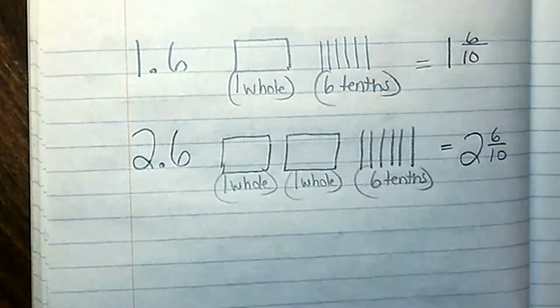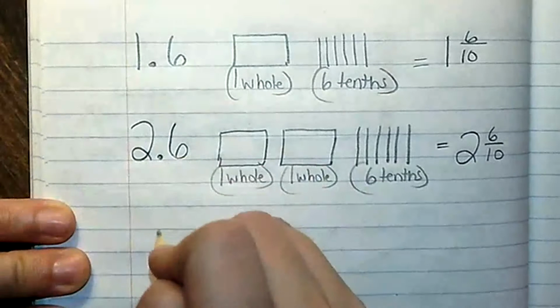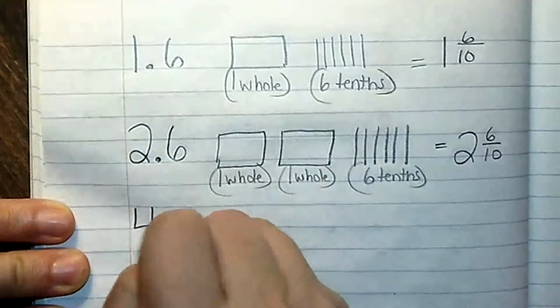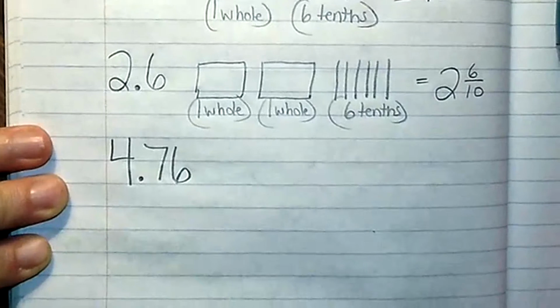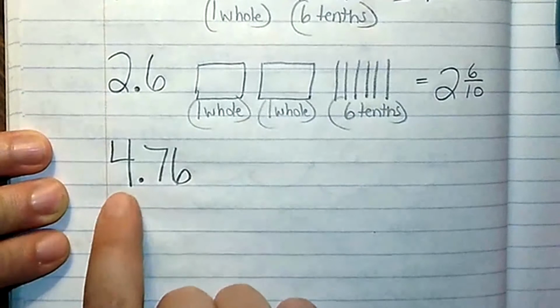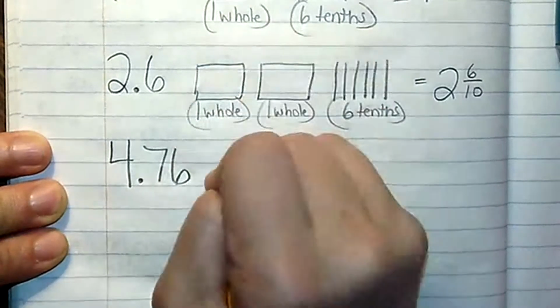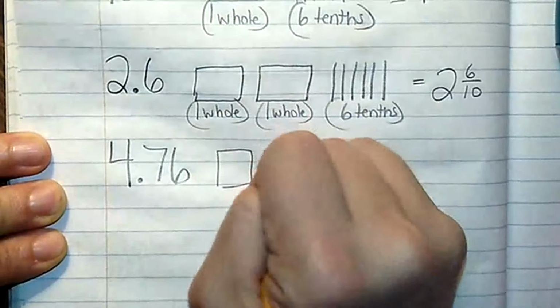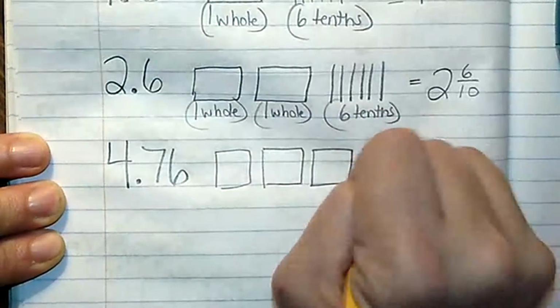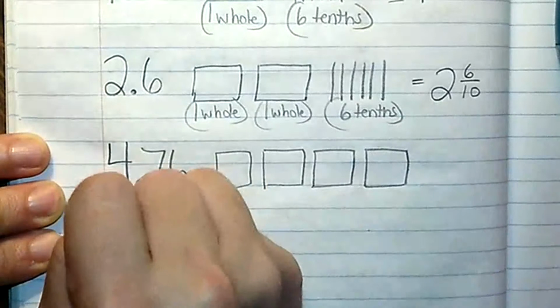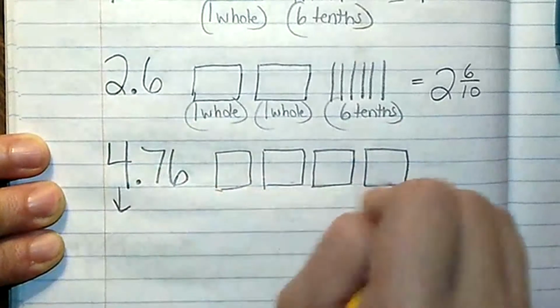Let's try one like 4 wholes and 76/100. Well, I'm going to start with my wholes. How many whole chocolate bars would I need to make? 4. Let's start there. 1, 2, 3, 4. That's my 4 wholes.